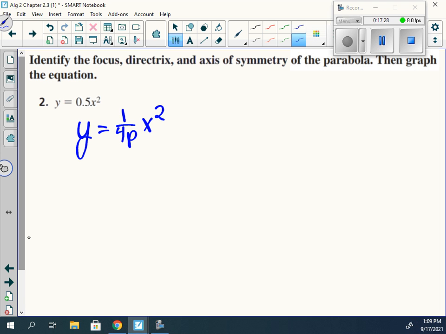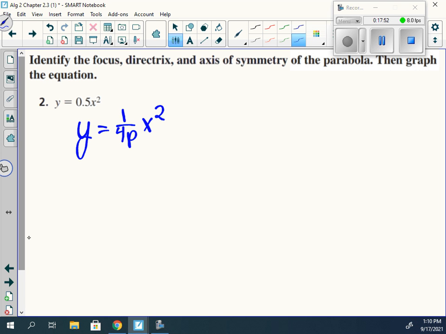So on the last ones, we had to get the variable that didn't have the exponent by itself, yes? Do we need to do anything for this one here? No.